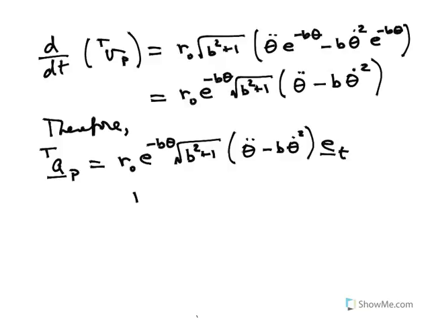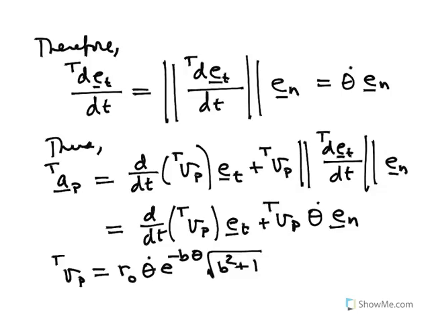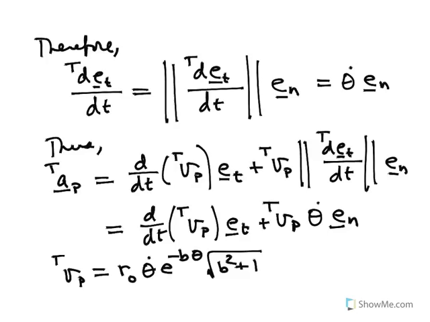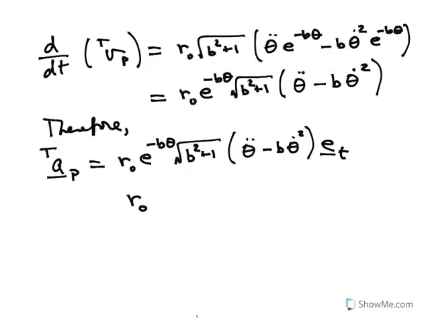Well, let's do it in the same order that we have everything else, so that it looks similar. We've got r0, and then times e to the minus b theta, and then I have a theta dot times a theta dot, which gives me a theta dot squared times the square root of b squared plus 1, and then times e_n.